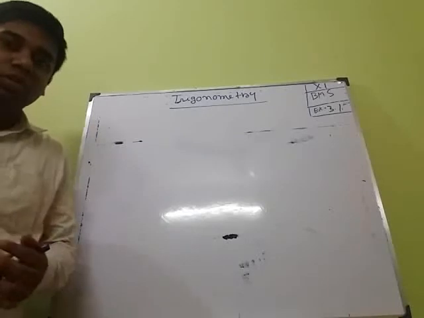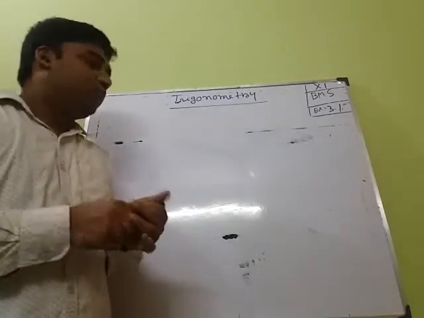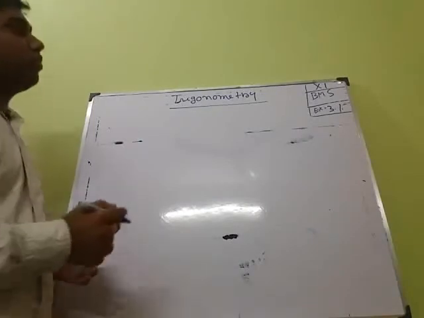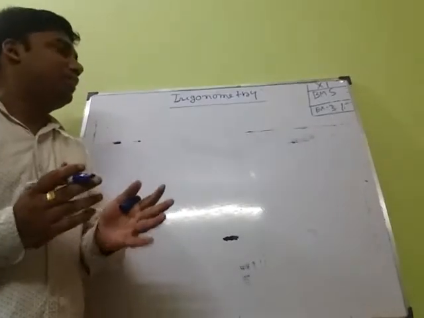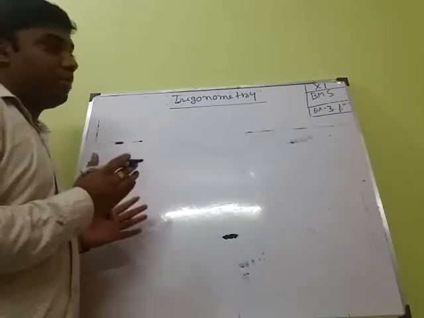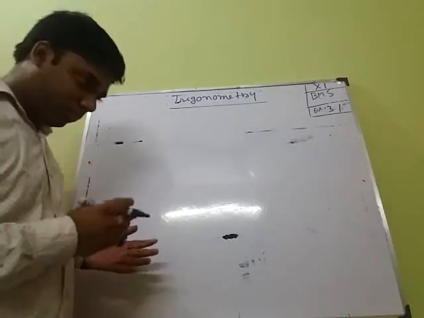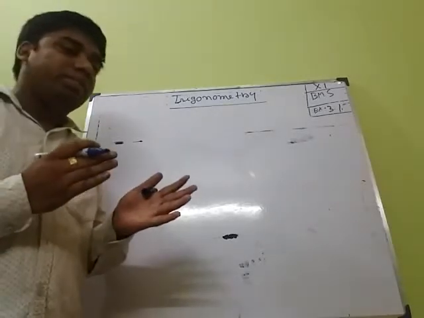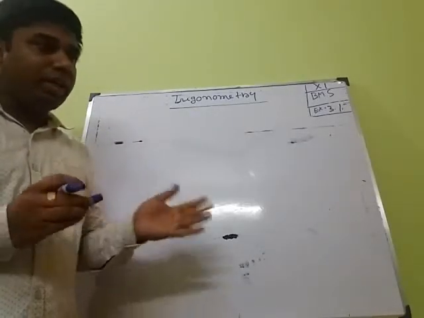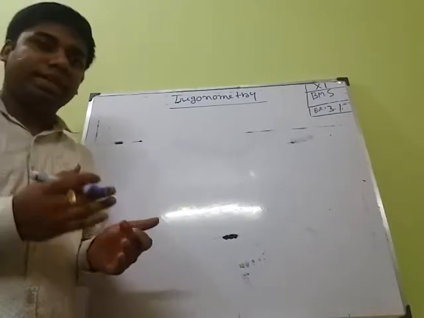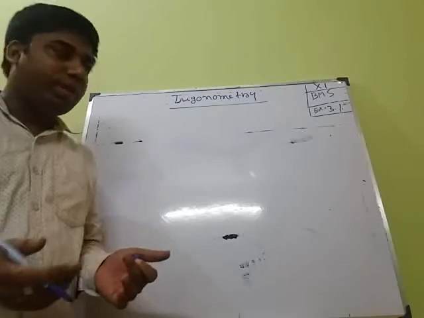In the previous video, I started trigonometry, the third chapter of class 11. I discussed some concepts of angle and its measurement: the English system, that is degree, and the radian, the circular system, and the conversion of radian to degree and degree to radian.